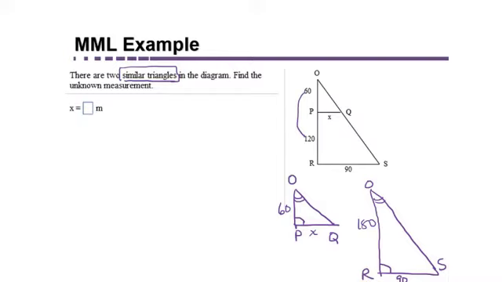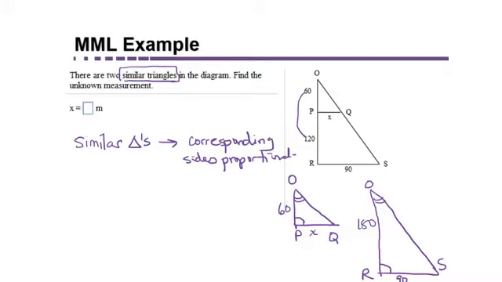And so I'm going to find the length of the unknown side using the fact that when we have similar triangles, and you just have to know this, that means corresponding sides are proportional. Okay, so in triangle OPQ, we have the side PQ that we're missing, and I'm going to compare that to the side OP, which we know.